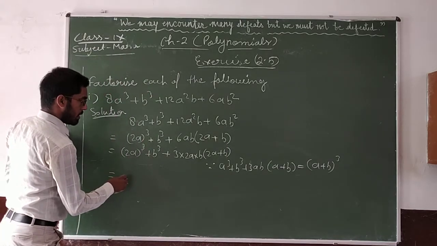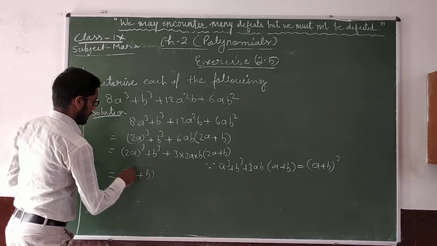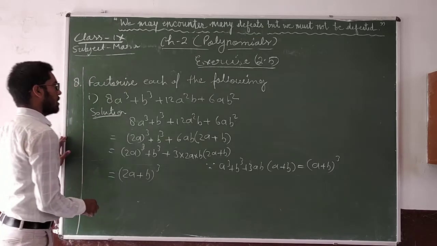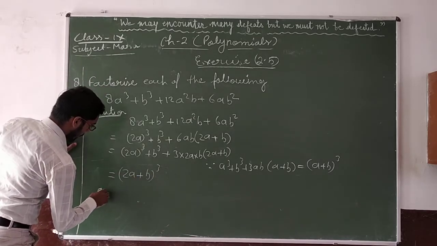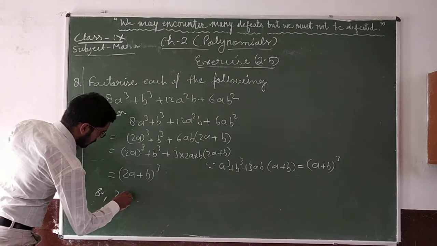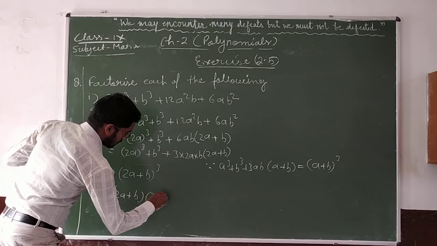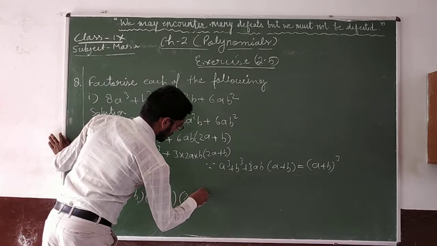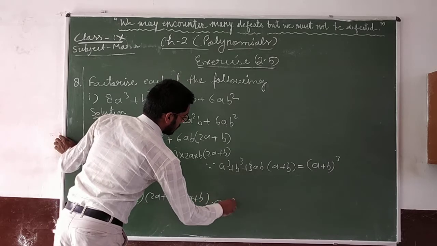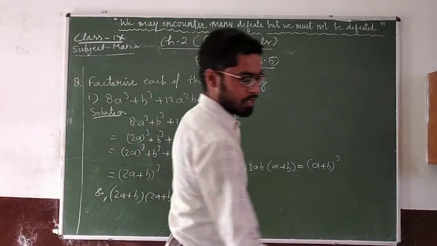So you can write 2a plus b the whole cube. And since you are finding factors, you will not write it like this; you will write 2a plus b, 2a plus b, 2a plus b. That is your answer. Okay, let us solve the next question.